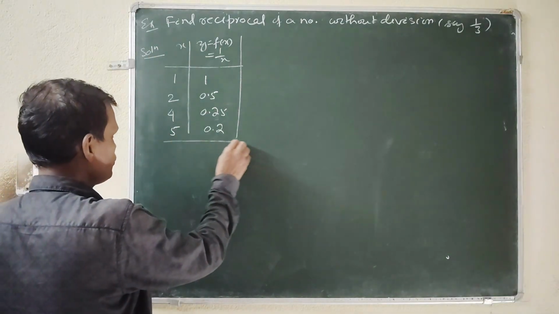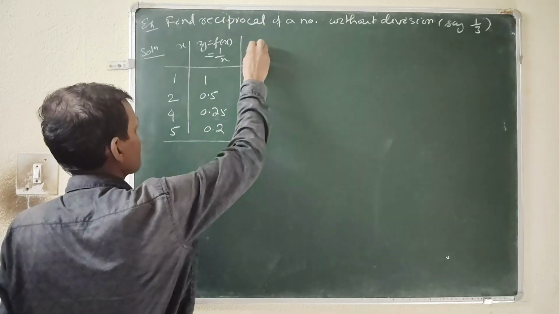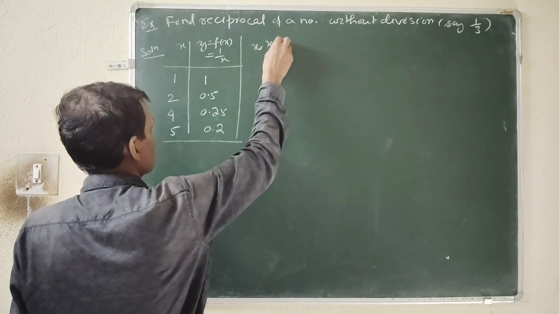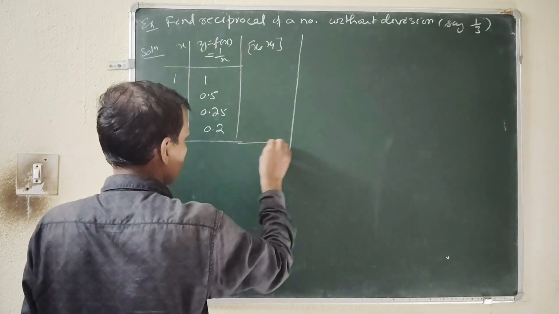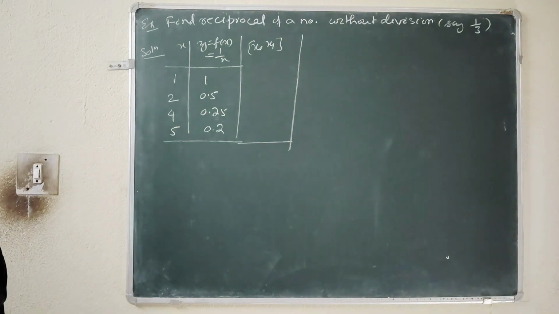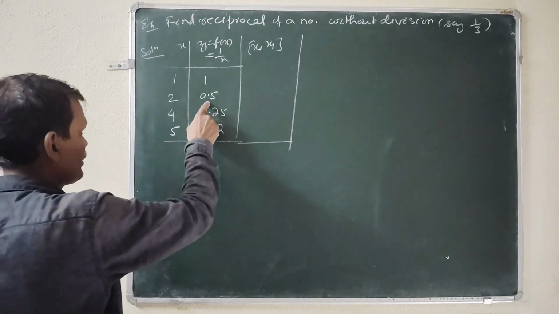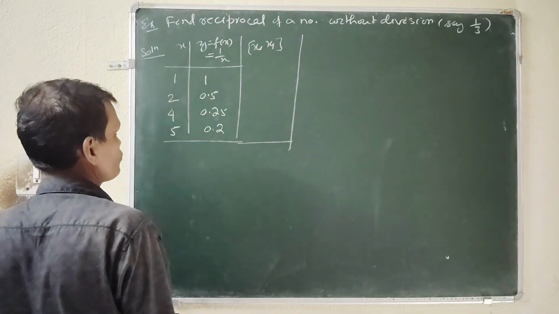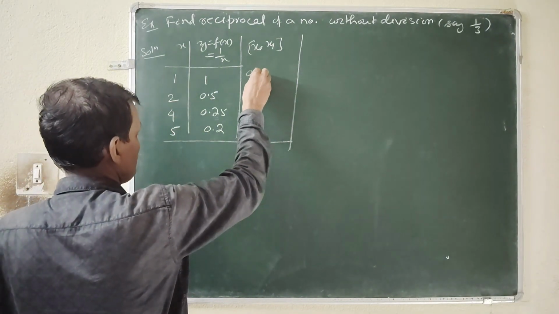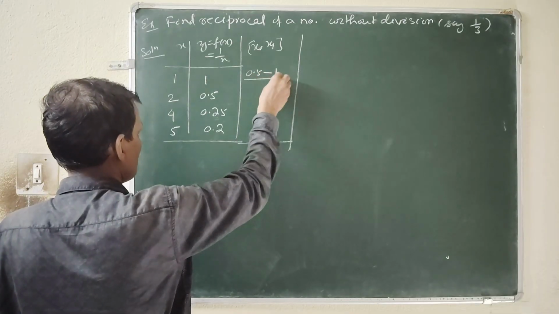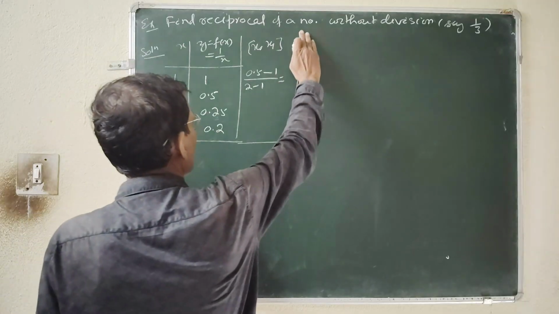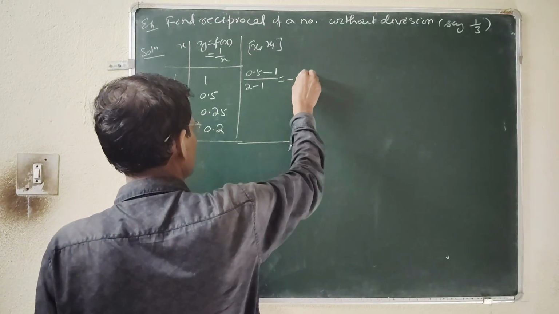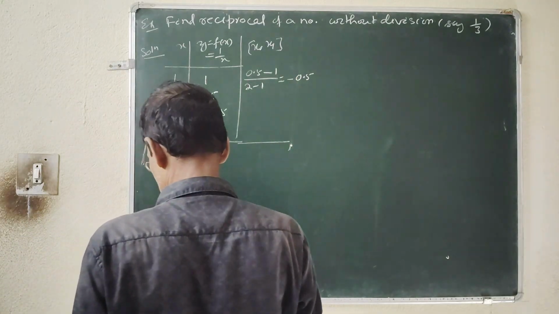So this is the table that we made. Then we find the first order divided difference, that is x0, x1. You know how we calculate the first order divided difference. So x0, x1 is (0.5 minus 1) by (2 minus 1), and the result is minus 0.5.